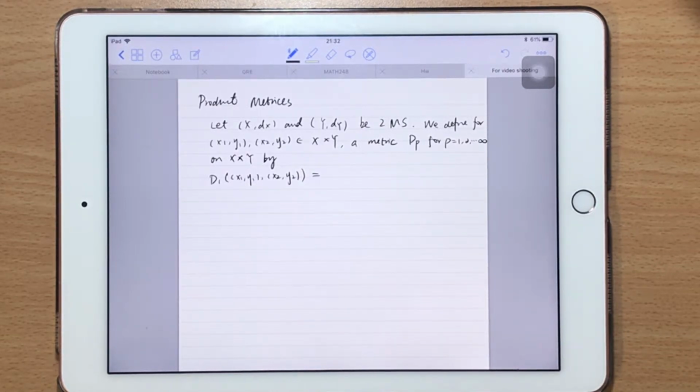So typically, a set equipped with a metric is a metric space.